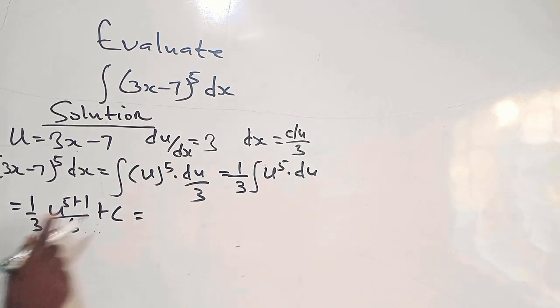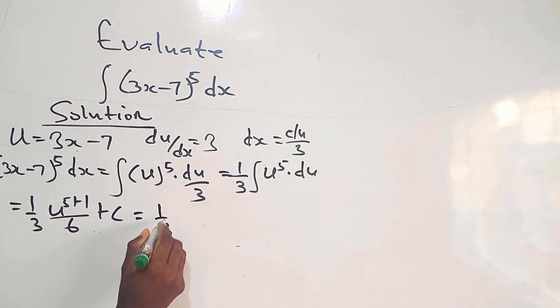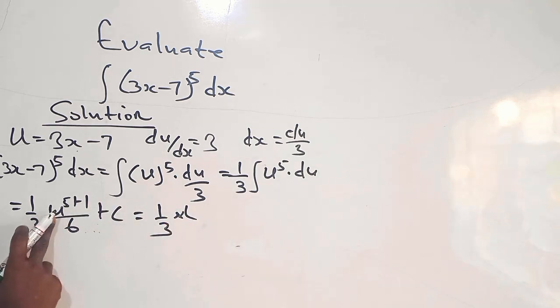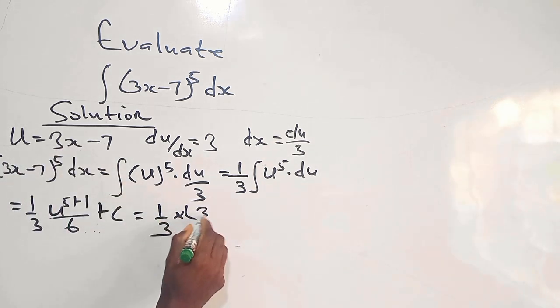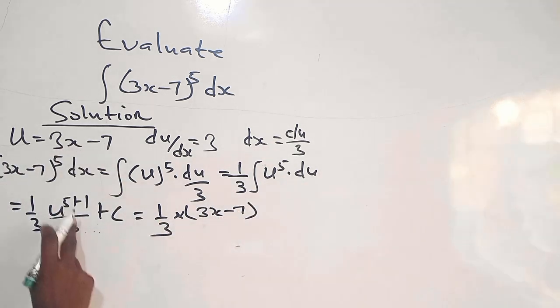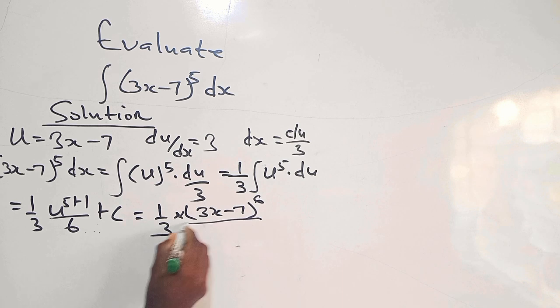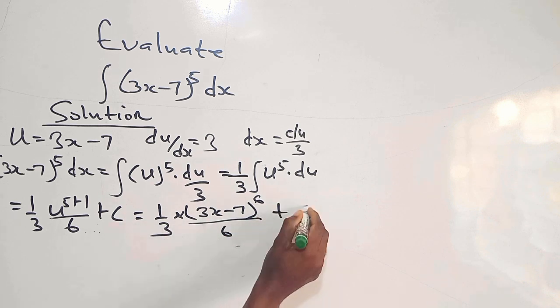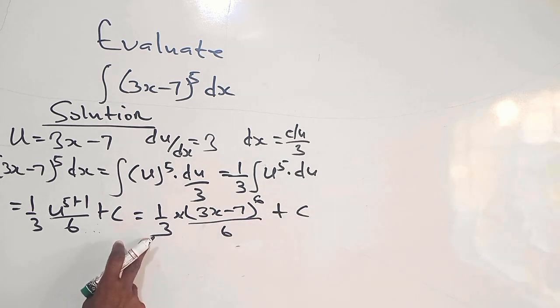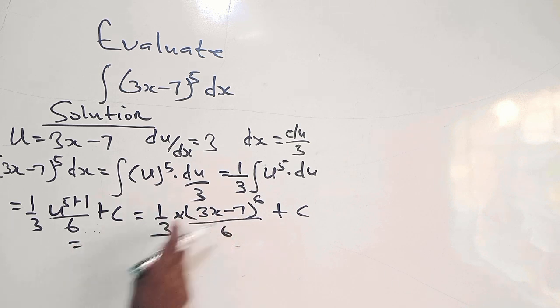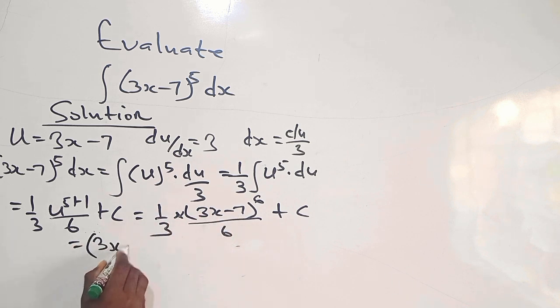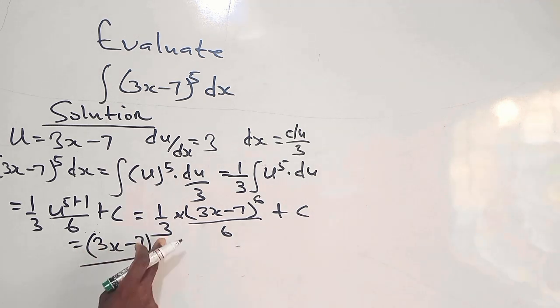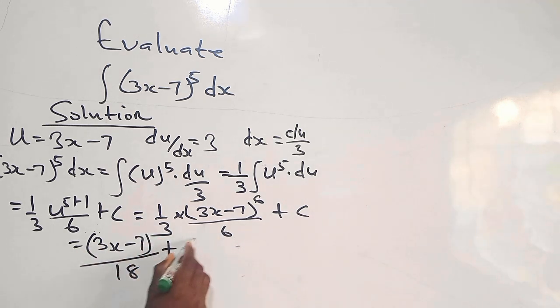So I have 1 over 3 times my u, in this case 3x minus 7, raised to power 6, everything over 6, plus the constant. Here I don't have anything I can simplify. So I'll say 1 times this is (3x minus 7) to the power 6 over 3 times 6, which is 18, plus c.